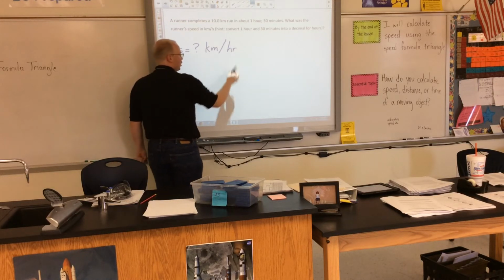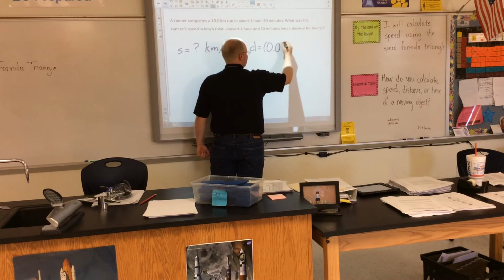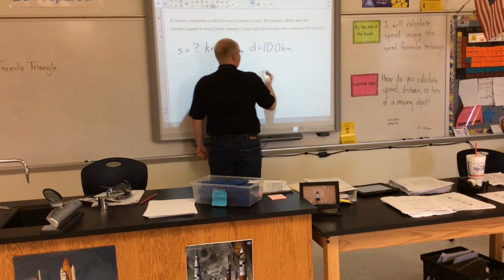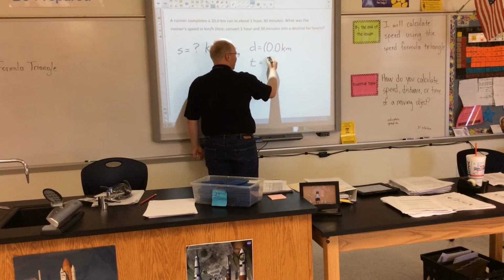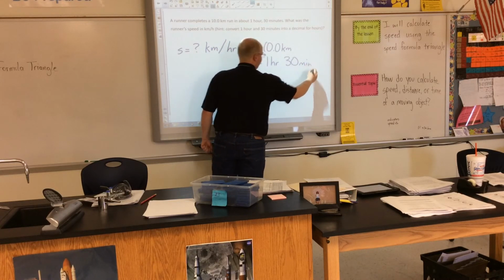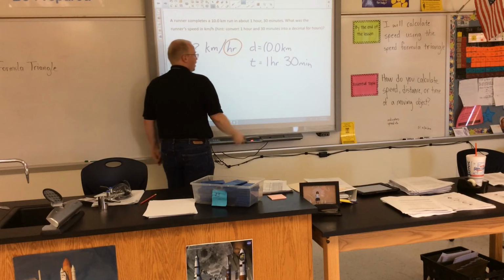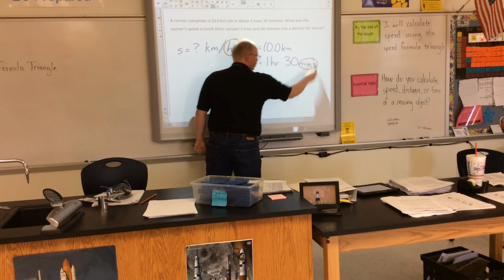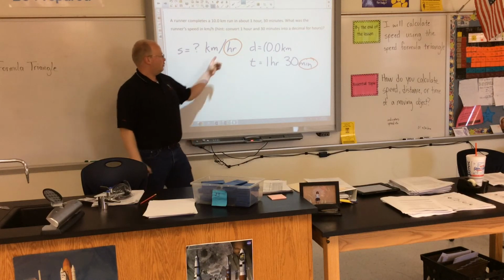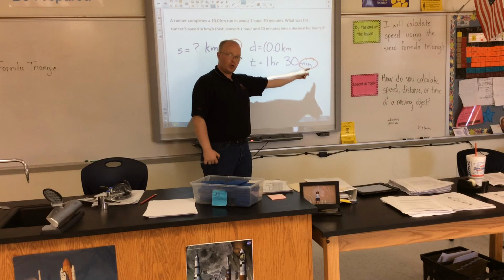Because I'm in kilometers per hour, the distance I've been given is 10.0 kilometers, which is good. But my time was given as 1 hour and 30 minutes. Your answer unit must match your problem unit. Because these don't match, I have to do a conversion. I have to turn minutes into hours.